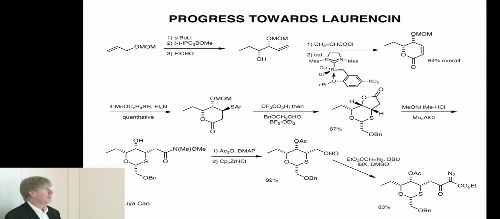So at this point, we have these 3 centers set, which corresponds to these 3 centers. Under these conditions, we also set a 4th center, the anomeric center, and we set that with complete control for this configuration, which is the configuration that puts this in a pseudo-equatorial, well, in an equatorial orientation.